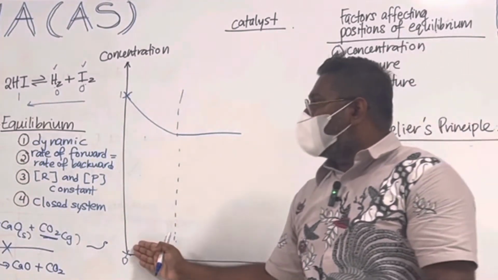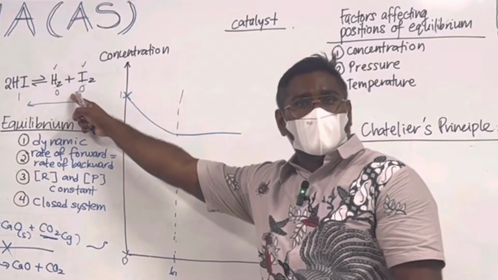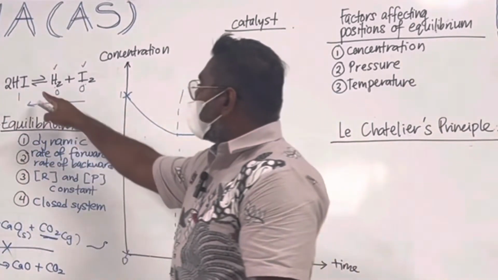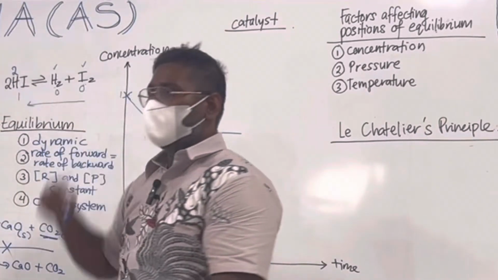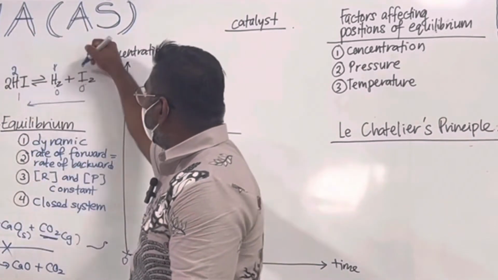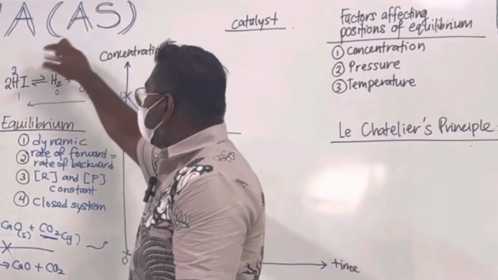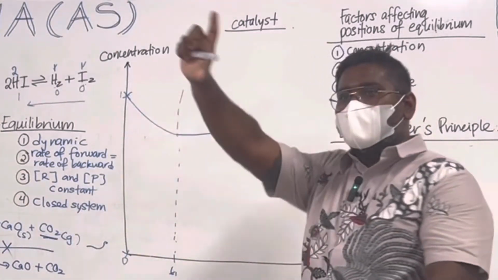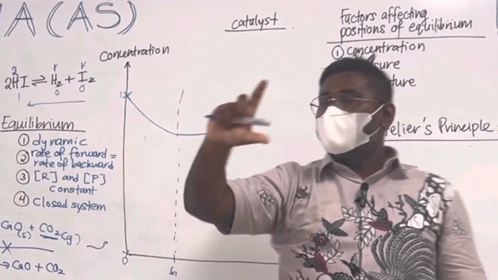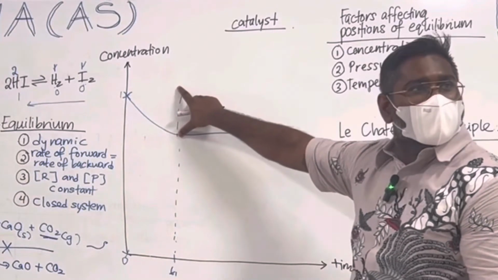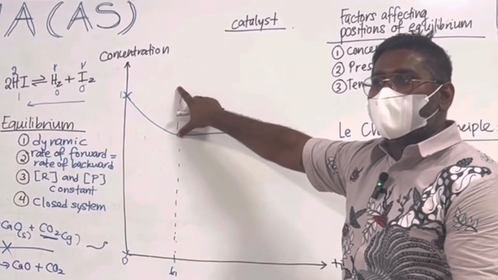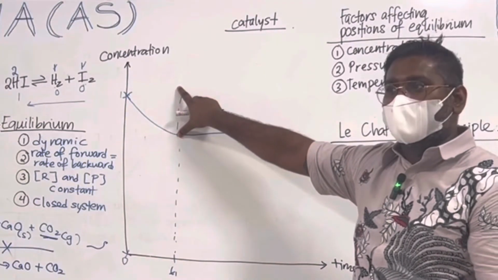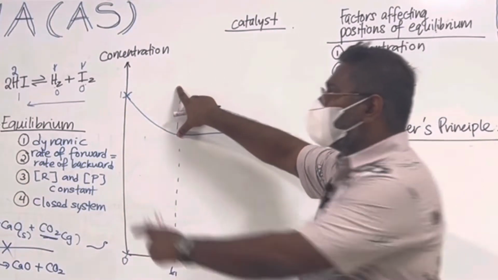Now, what will happen to the concentration of H2? Please remember, according to the ratio, 2 moles will react to give you 1 mole and 1 mole. If you react this much, you just follow my finger over here, it means that the amount that is going to be produced will be half of this value. Do you agree? Because 2 to 1.